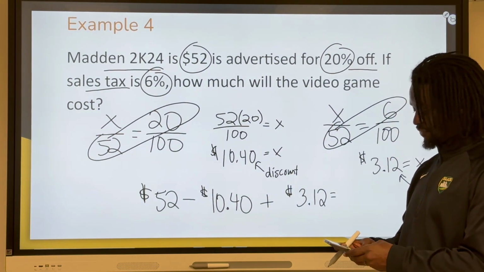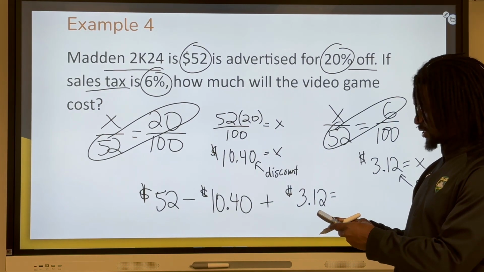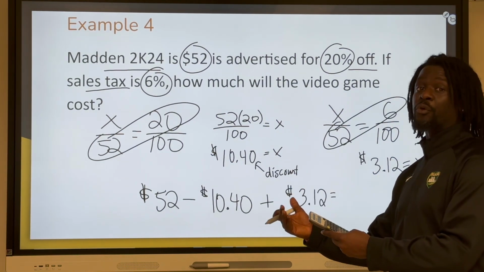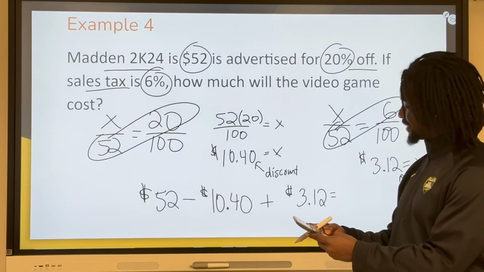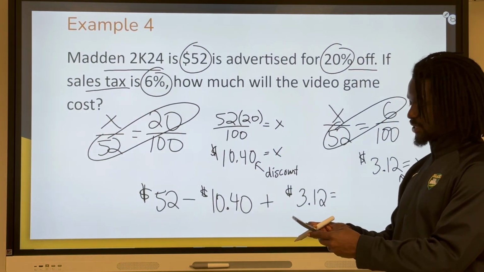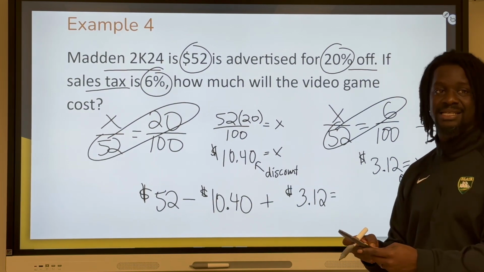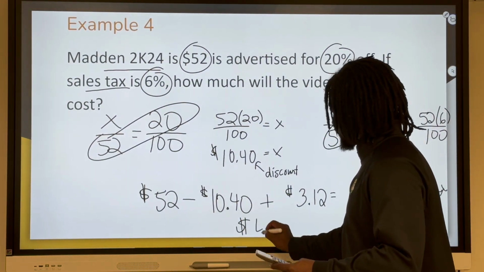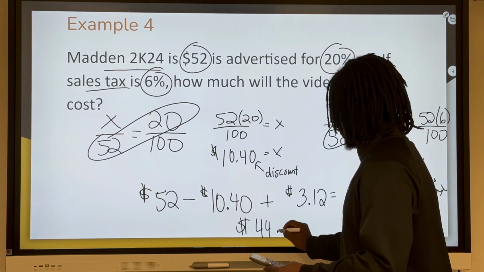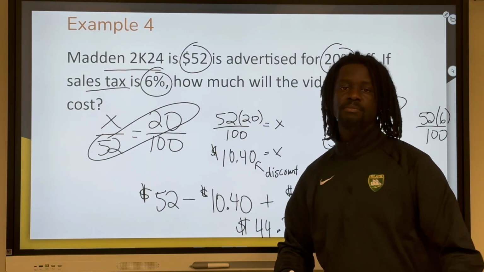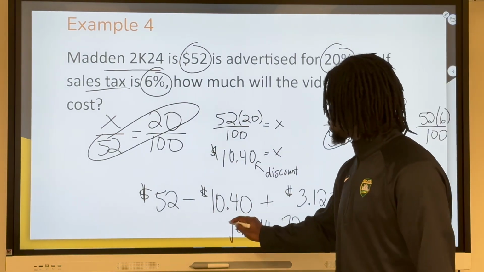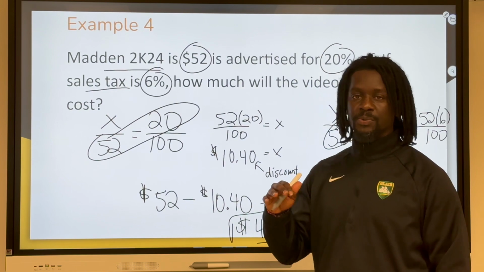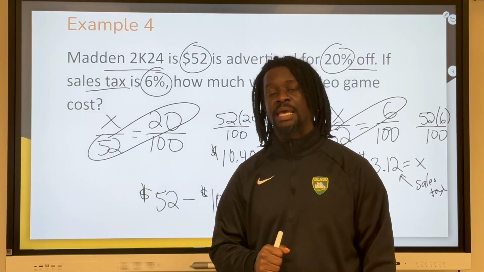So again, I got $52 minus the $10.40 because that was the discount. That gives me $41.60, but then I'm going to add the $3.12 because that is now the sales tax. And that gives me a grand total of $44.72. And that is the cost of the Madden game after the 20% discount and the sales tax.